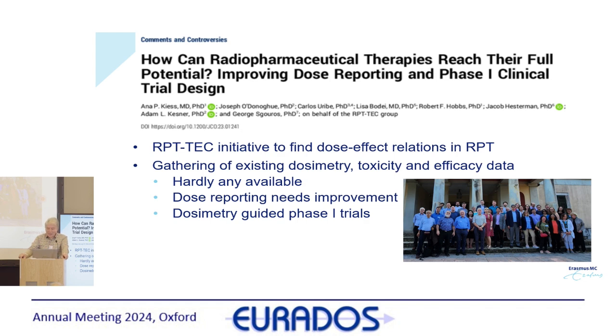What we found out quite soon is there's hardly any data, real sound data available. Certainly not prospective data, mostly retrospective data, and that was really something to work on. And also the dose reporting can vary quite a lot among various investigations. So that is something to improve.